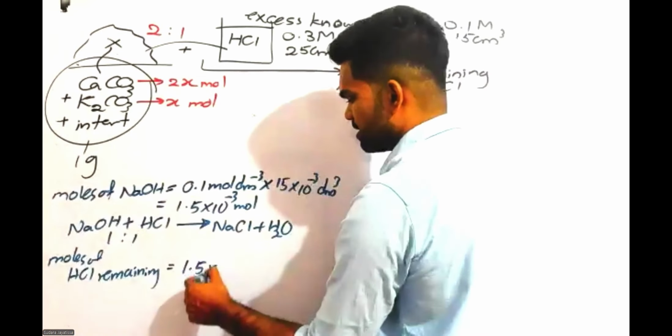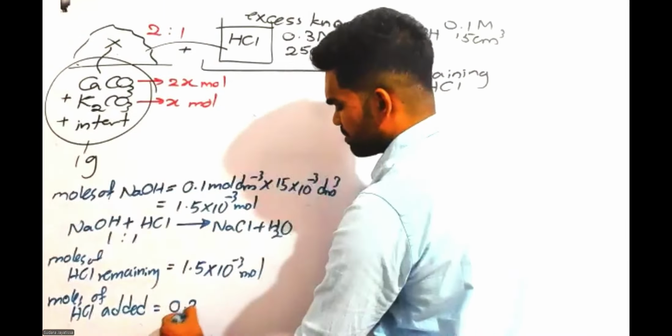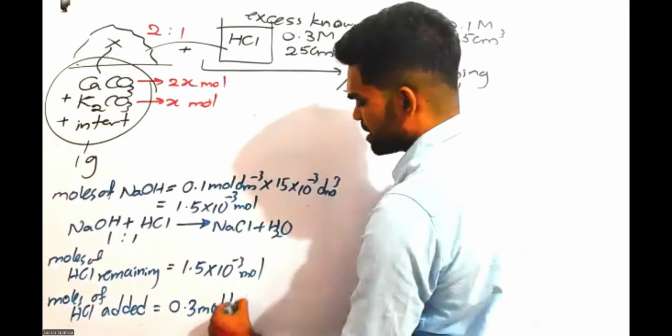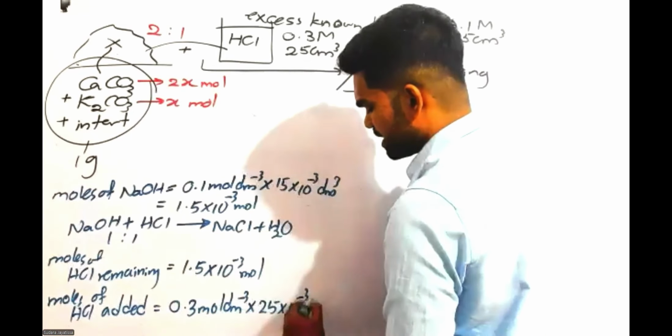Now we can find how many HCl moles we added. Moles of HCl added: you can simplify by multiplying 0.3 mole per decimeter cube by the total volume, 25 centimeter cube.